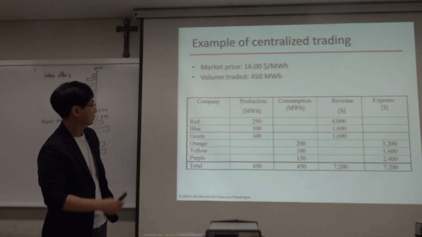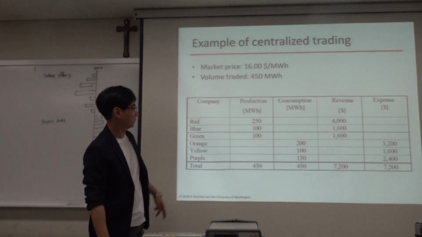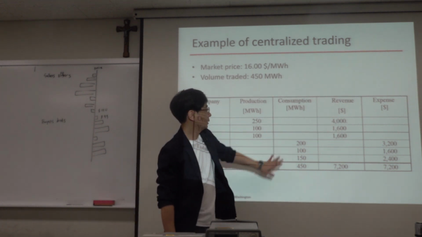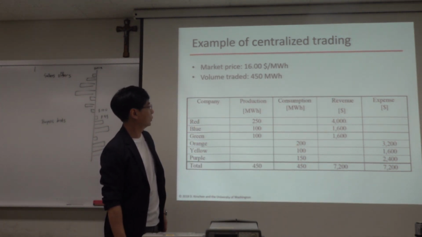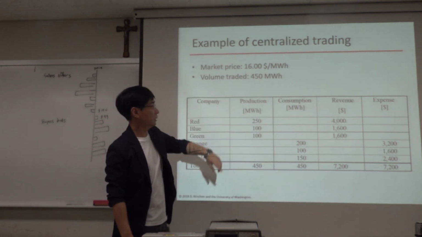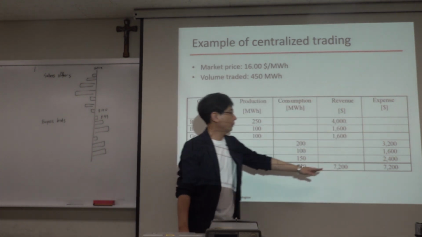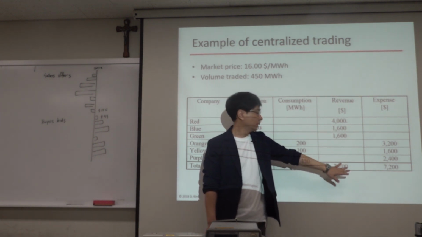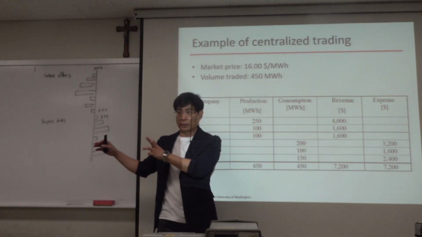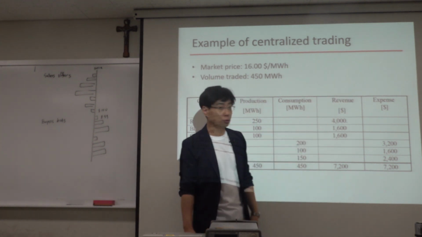So these are the producers, these are the consumers, and you check their production quantity and the consumption quantity, and using the price, you can compute the revenue and expense. So revenue is before deducting the cost. Revenue minus cost is profit. So revenue, or this can be called sales.